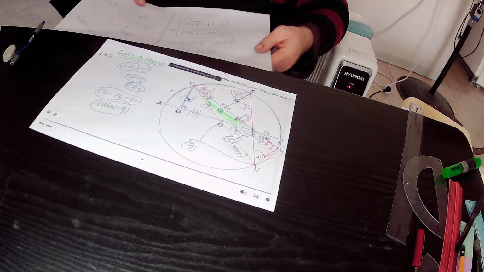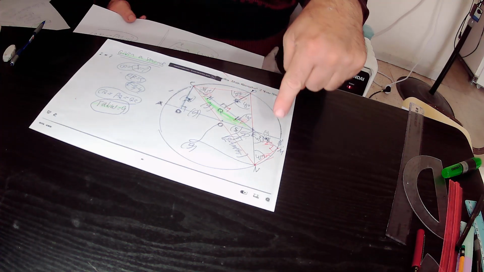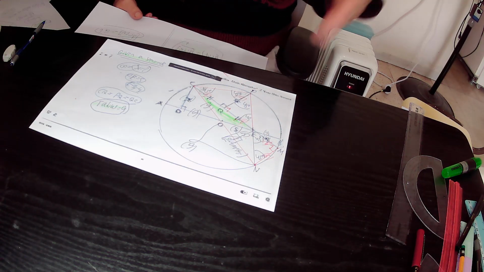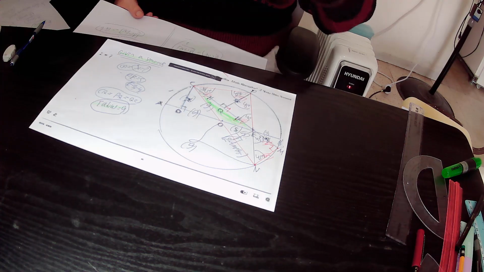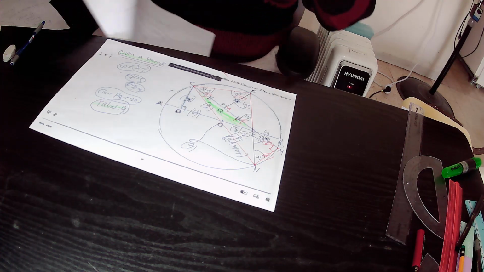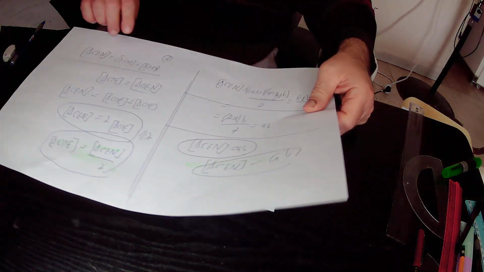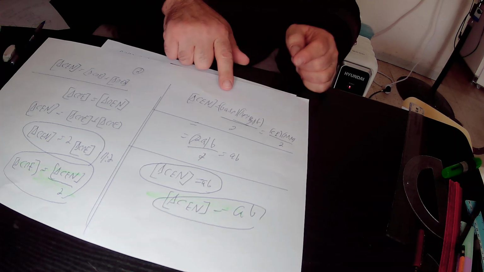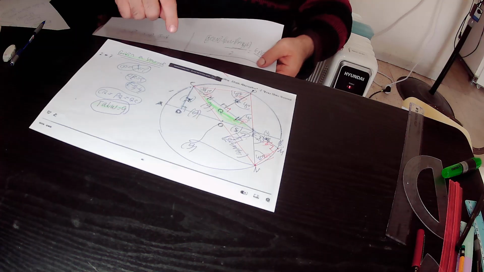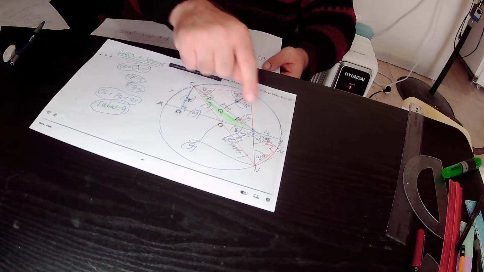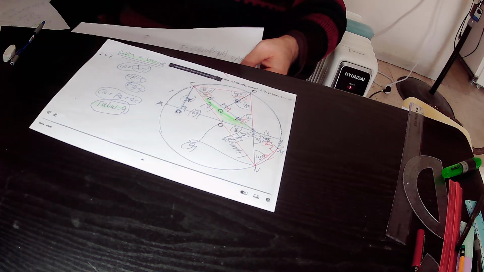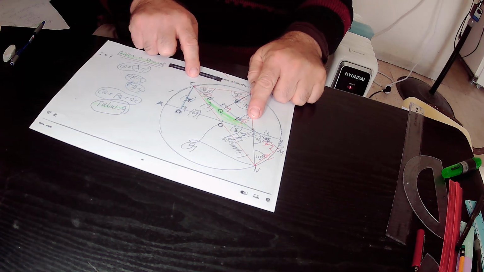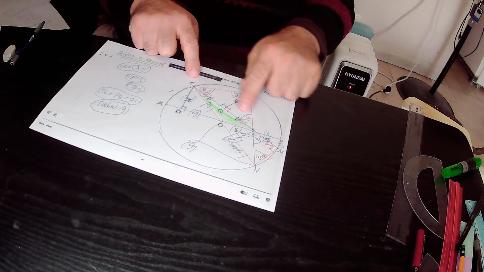In the next step, we calculate the area of this big triangle CEN according to the rule that the area of any triangle equals the base of the triangle times the height to the base over 2. We choose the base of this big triangle CEN as CE, and the height to the base CE must create 90 degrees with the extended base CE.